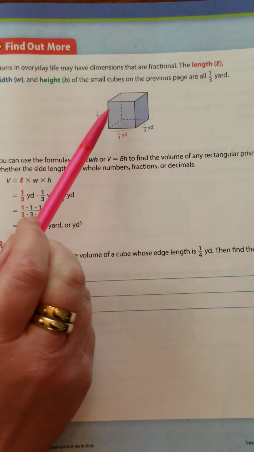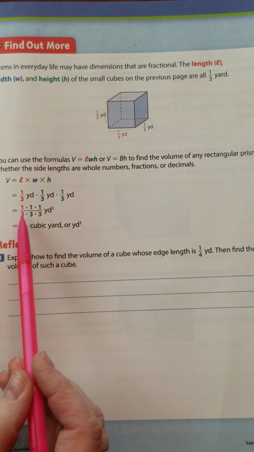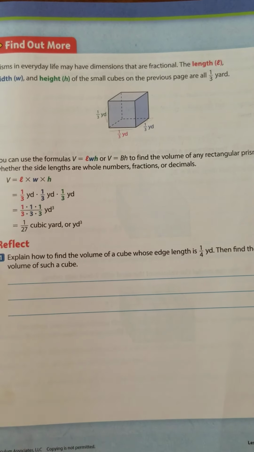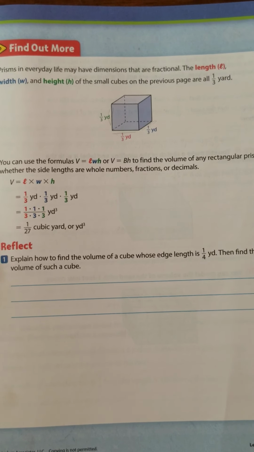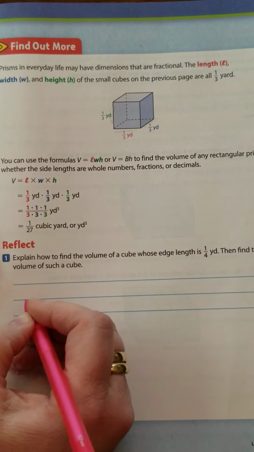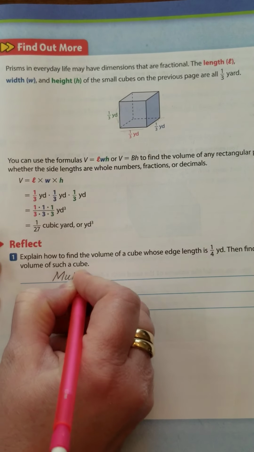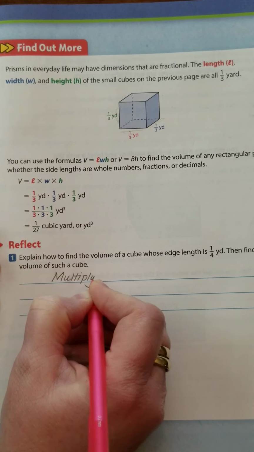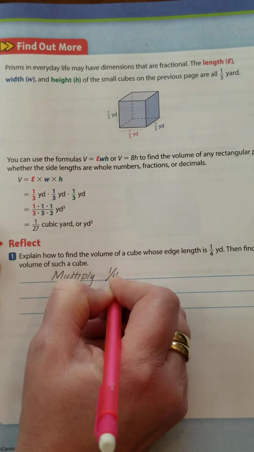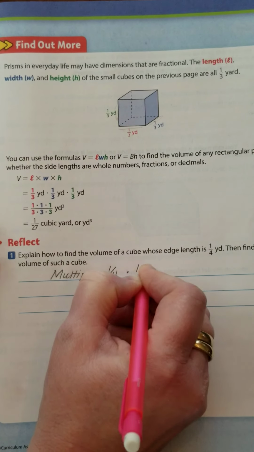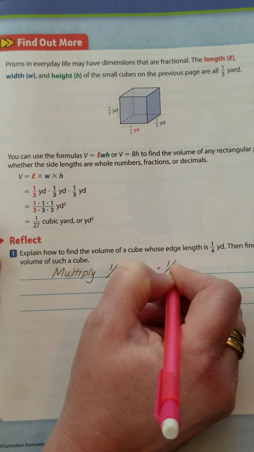So when we had 1/3 by 1/3 by 1/3, we multiplied 1/3 by 1/3 by 1/3. If you have a new cube and its edge length is 1/4, you are going to multiply, guys, you know, 1/4 times 1/4 times 1/4.